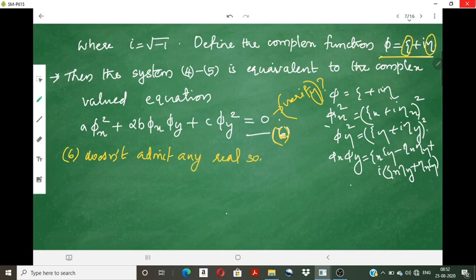That means the solution of this equation, which we call the characteristics, does not exist in the real case.